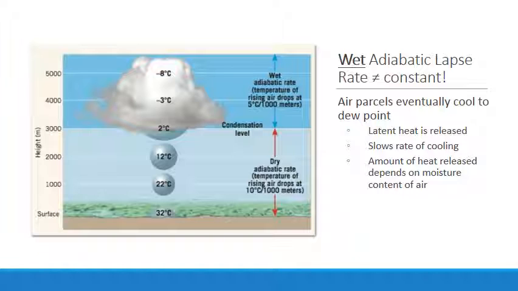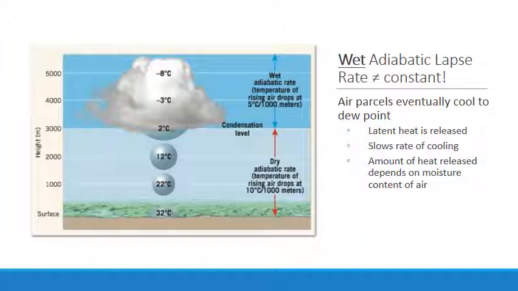The figure here, though, illustrates that role of adiabatic cooling in the formation of the clouds. So rising air cools at the dry adiabatic rate from the surface all the way up to the condensation level, and then it starts to cool at the wet adiabatic lapse rate.